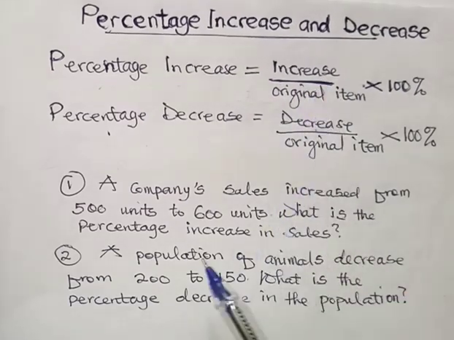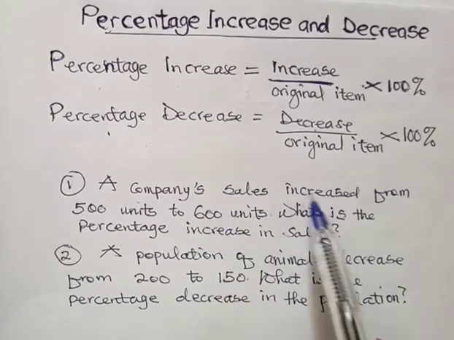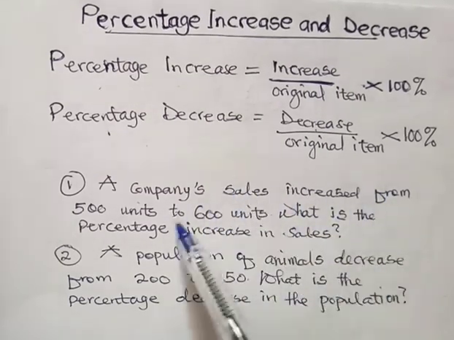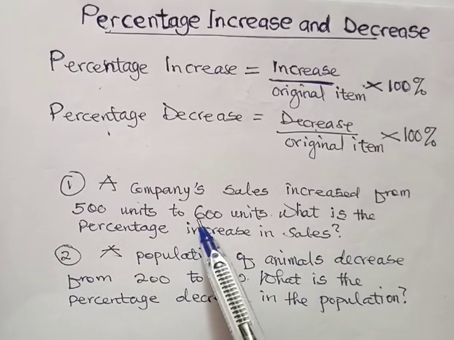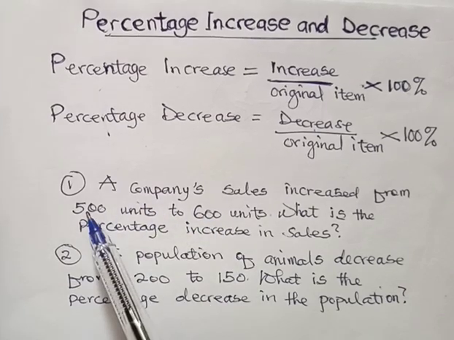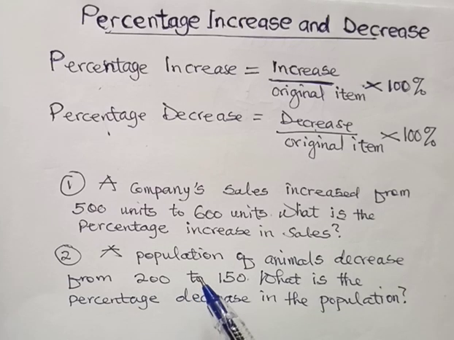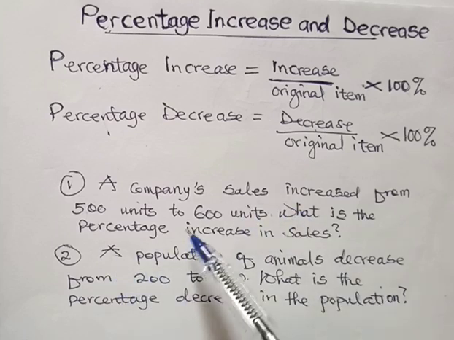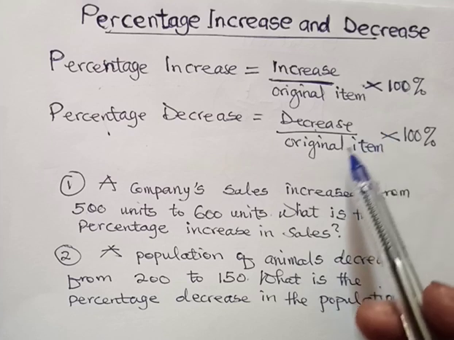But how do we find the increase? What we do is we find the difference. We are saying that it has been increased from 500 to 600. So we are looking at how many units have been added to the 500 to get the 600 units. If we know how many units have been added, then we can proceed. Have you gotten the point?